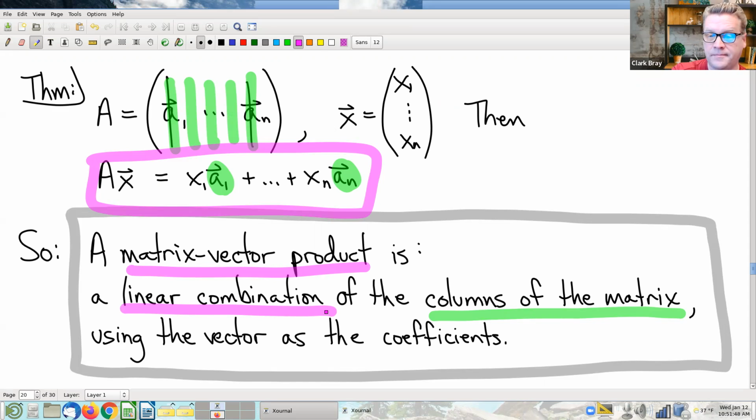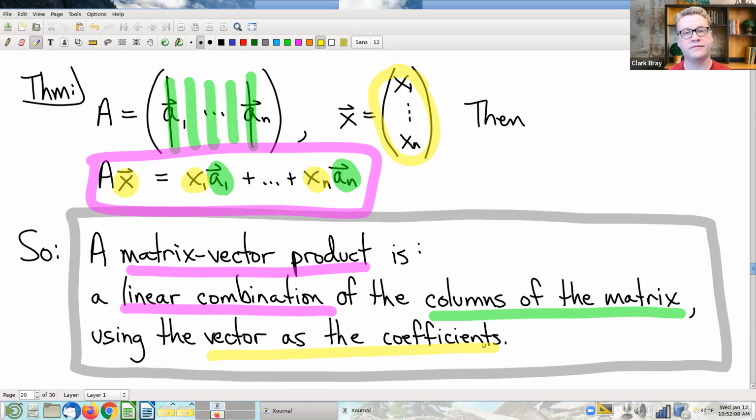And specifically, it's a linear combination where the coordinates of the vector that you are multiplying by give you the coefficients in that linear combination. Okay, I think this is a huge fact. Super big deal, very, very useful.